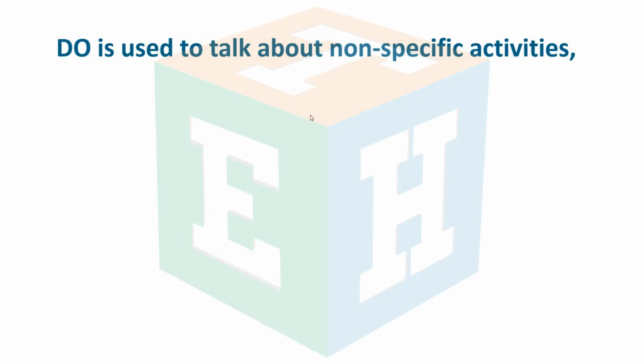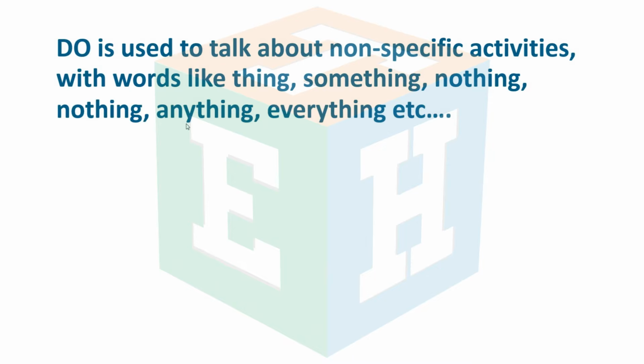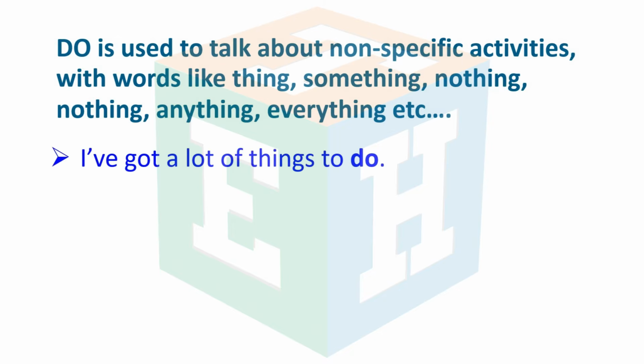Do is used to talk about non-specific activities with words like thing, something, nothing, anything, everything, etc. Examples: I've got a lot of things to do.